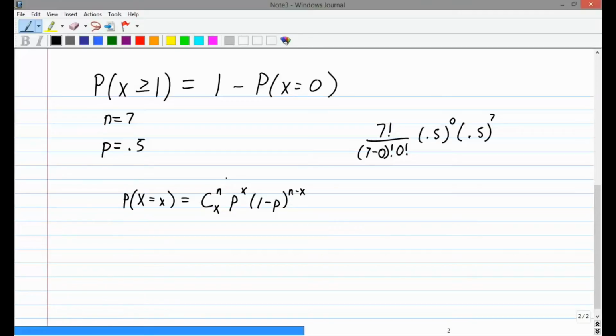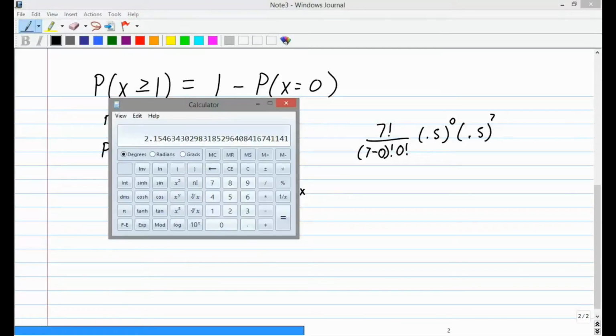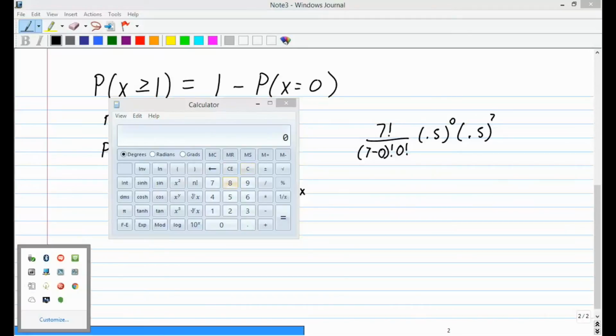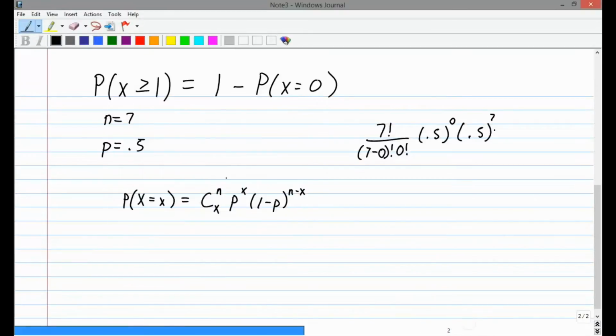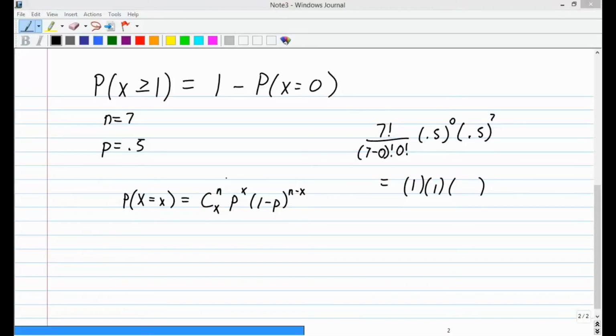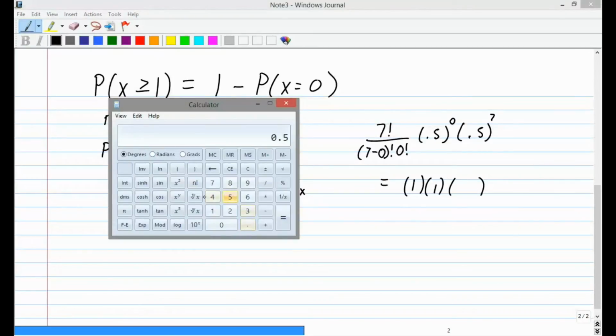All right? I'm fine with that. That's good to me. 7 factorial divided by 7 factorial is 1. 0.5 to the 0 is 1. And then you've got to do 0.5 to the 7. So that's just going to be 1 times 1 times 0.5 raised to the 7. 0.0078125.